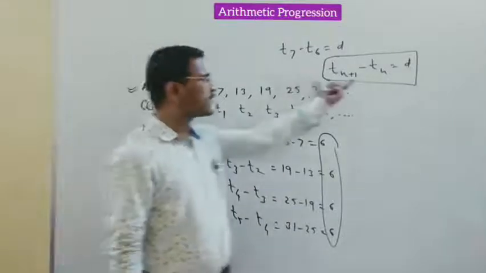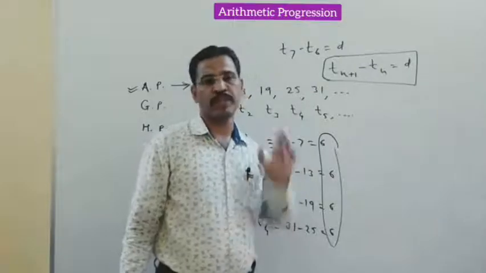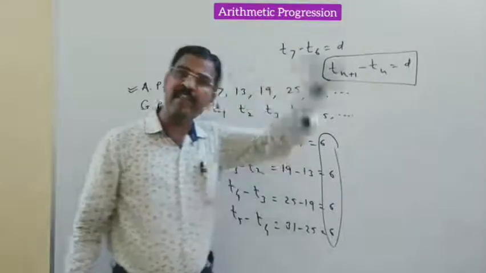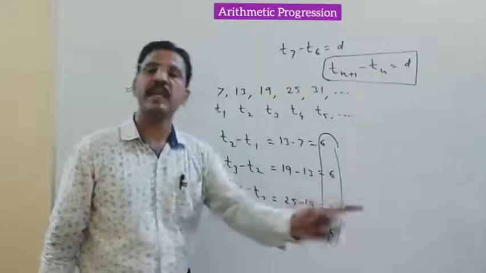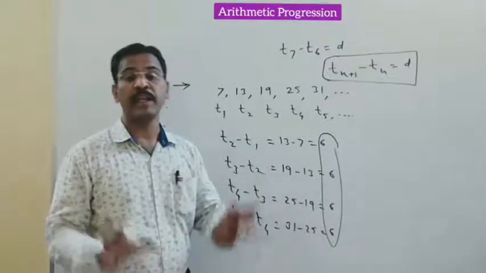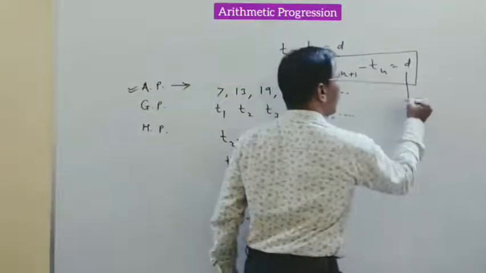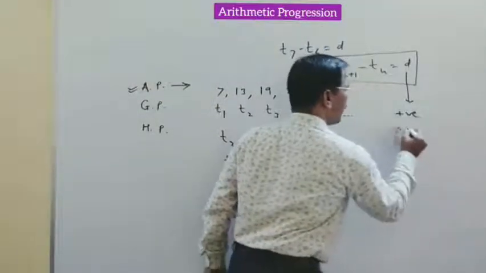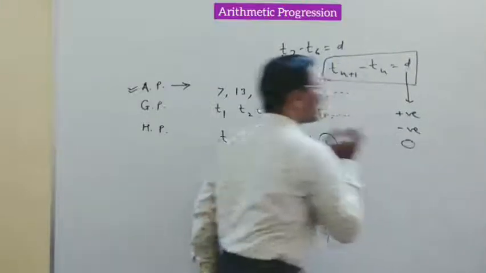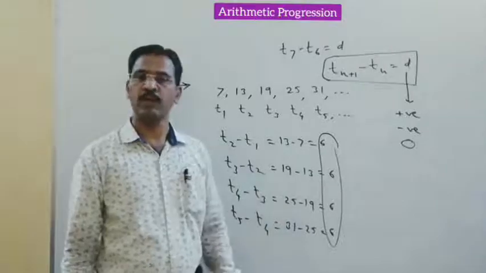Using this we can write the common difference of that arithmetic progression. It is the same everywhere, so it is called an arithmetic progression. Understand friends? This is very important. Sometimes this difference may be positive, may be negative, may sometimes be zero as well. This is a very important part.